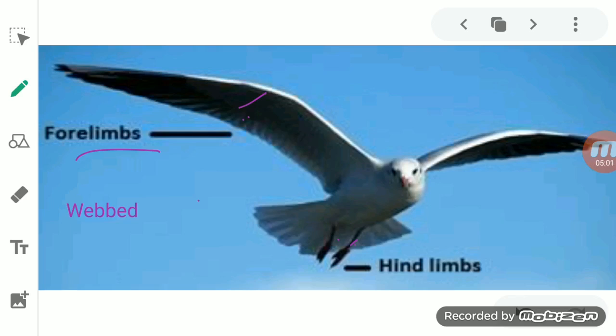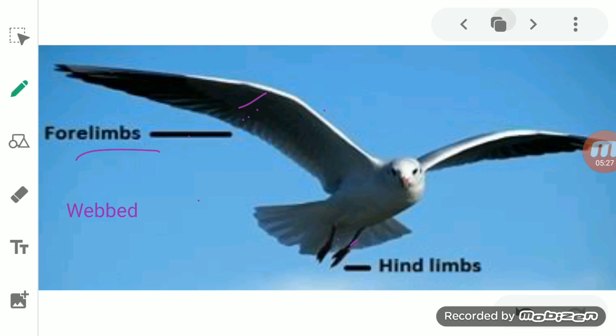What are the forelimbs of the human? That is our hand. The forelimbs present in birds are modified into wings, and these wings help in flying in the air, while in other animals the forelimbs help them to walk on the ground.